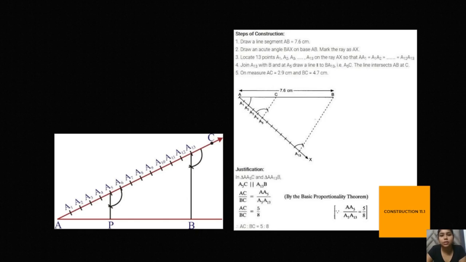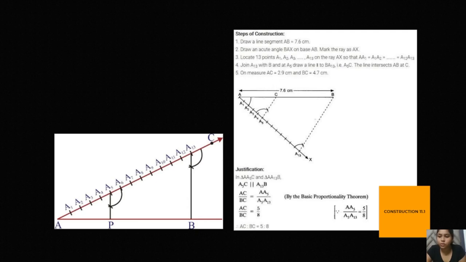Also, about the steps of construction, I always recommend you ask your school teacher whether you have to write the steps of construction or not. It is very important to write them, but in certain schools it is not that important, so you have to find out from there whether you have to write it or not. So let's start with our construction.